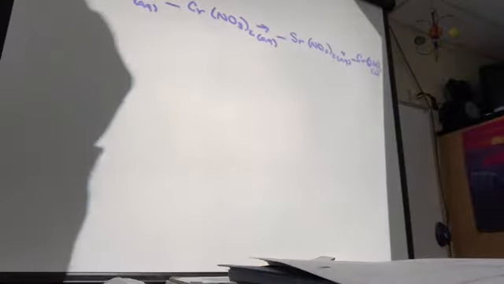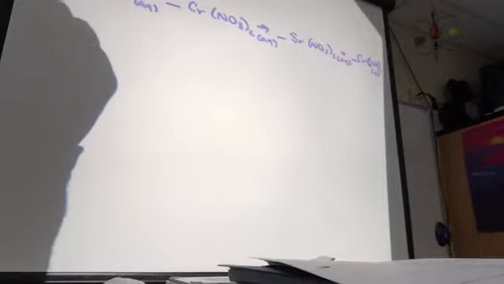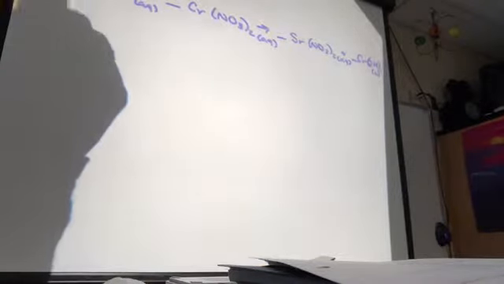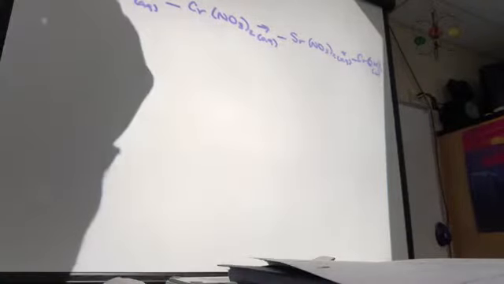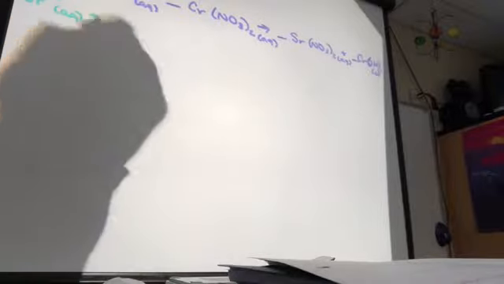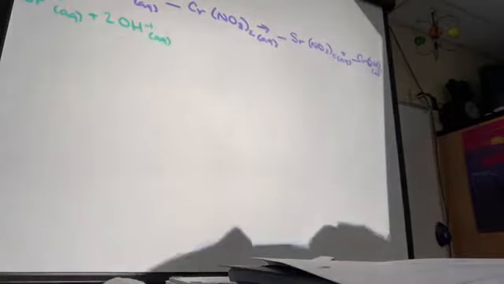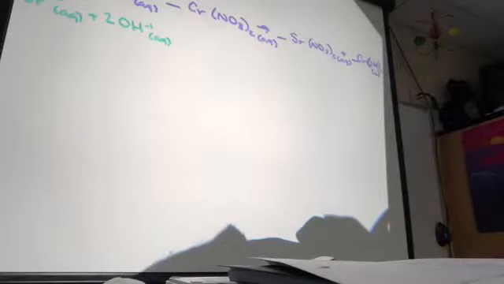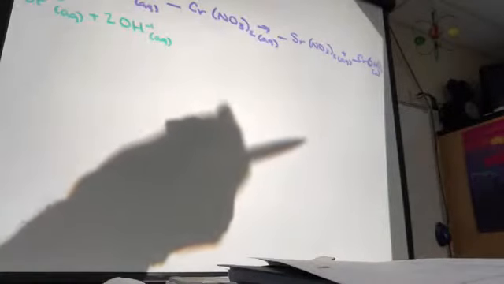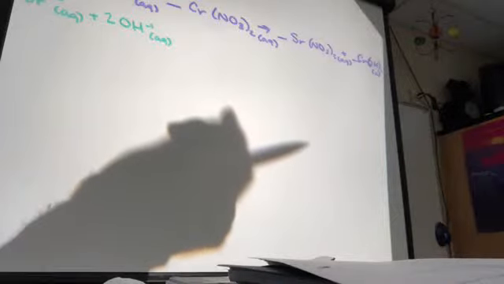So I've got Sr+2 aqueous, right? Splitting this in half. How many hydroxides do I have? 2. So I put 2 OH-1 aqueous. You see what I'm doing? I'm just splitting this up. I really would write this down if I were you, because you're not going to remember it.